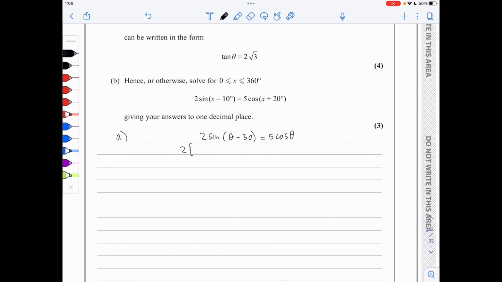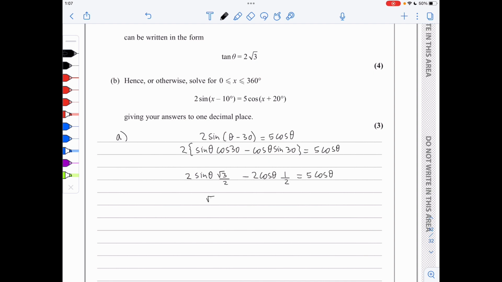So it's going to be 2 brackets sine of theta cos 30 minus cos theta sine of 30 close brackets is 5 cos theta. Now we know that cos of 30 is root 3 over 2. So it's going to be 2 sine theta root 3 over 2 minus 2 cos theta. Now sine of 30 is a half, is equal to 5 cos theta.